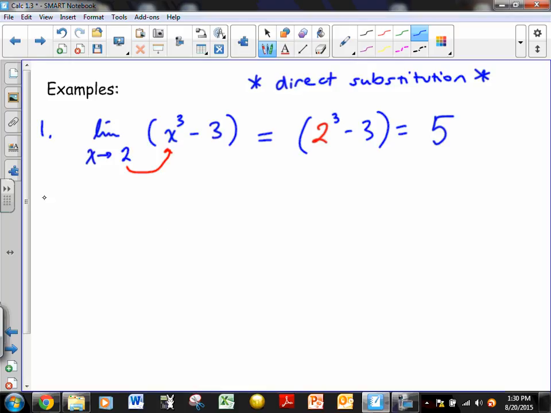You try a couple of examples now. You try this one. The limit as x approaches 2 of x squared minus 3x plus 4, all divided by x plus 2.